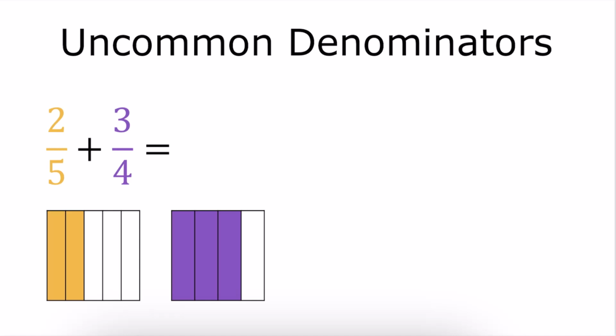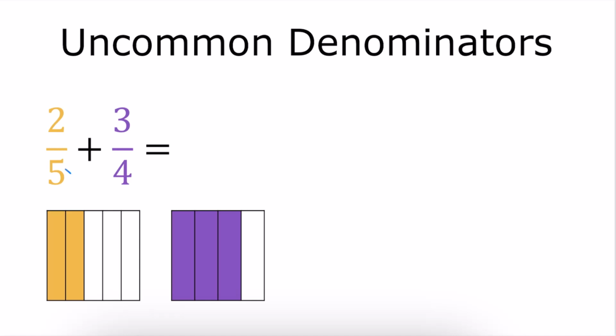So the way that we do this is we make the pieces that we have into smaller pieces. And specifically, we do this in a way that will make it so that the pieces in both squares will be the same size. So the easiest way to do this is to just multiply the denominators together.